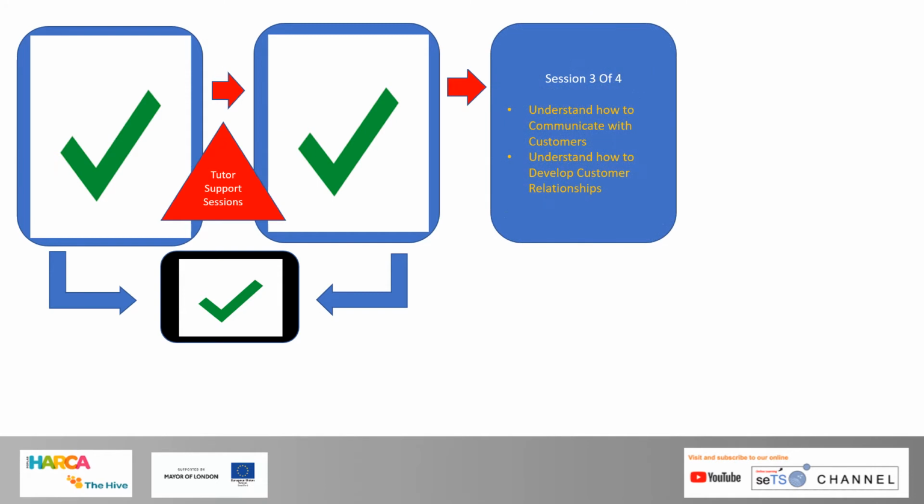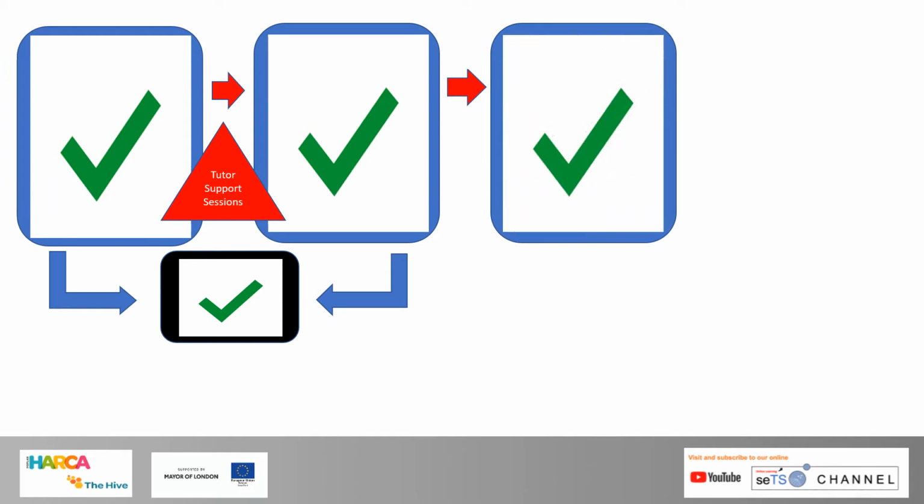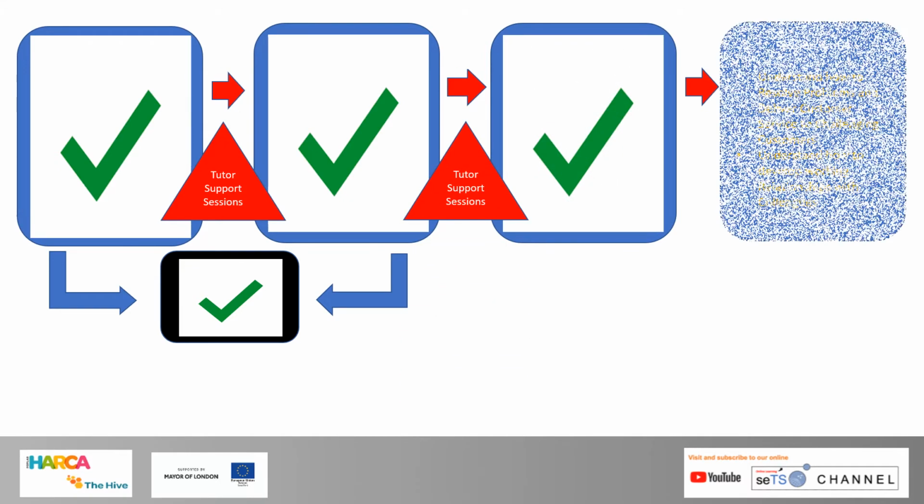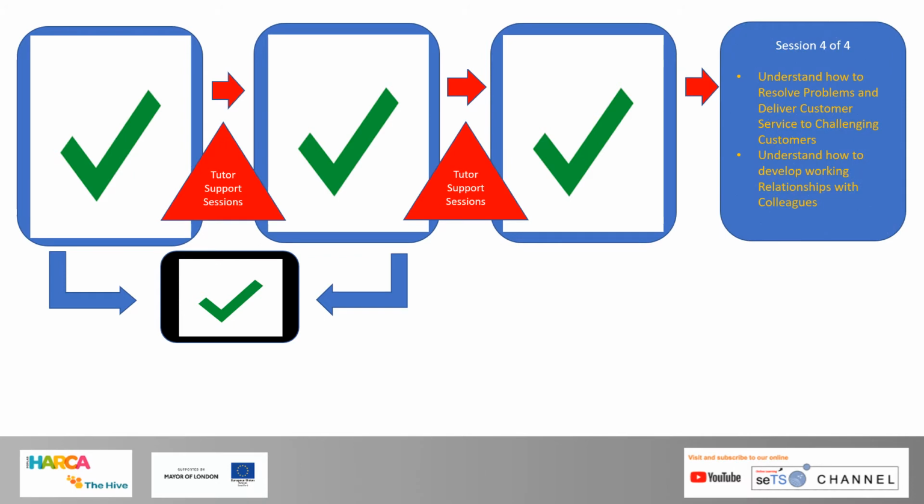Session 3 will cover Understand how to communicate with customers and Understand how to develop customer relationships. Once that's complete, you'll have your tutor support sessions, followed by Session 4: Understand how to resolve problems and deliver customer service to challenging customers, and understand how to develop working relationships with colleagues.